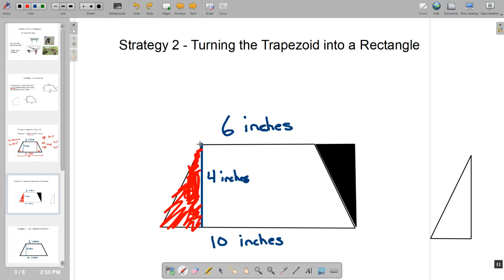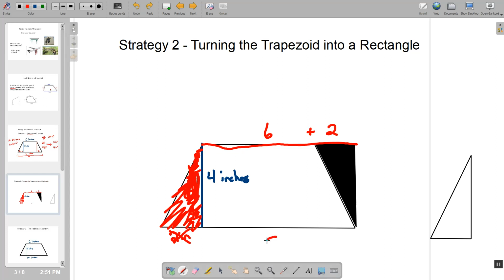So I need to figure out what this new length is up here on the top. So the length from here to here. Well, we know from the last problem that this piece here was 2 inches long. And we cut that piece out, and over here it does not have 2 inches for the length. Meaning the new base length has to be 6 inches plus the extra 2.